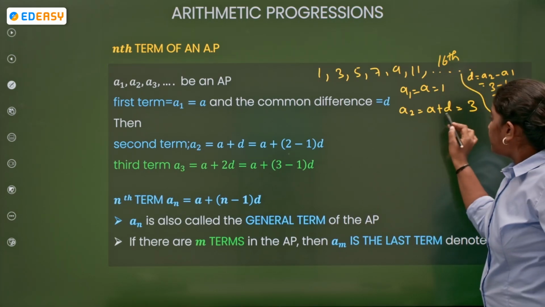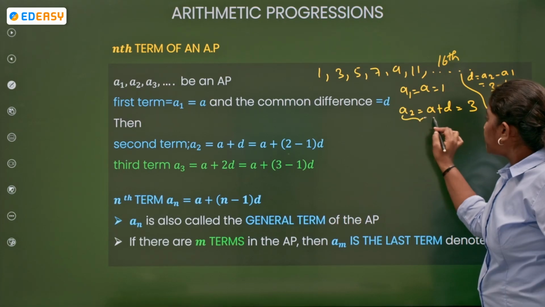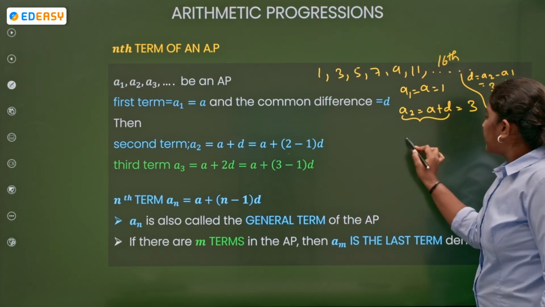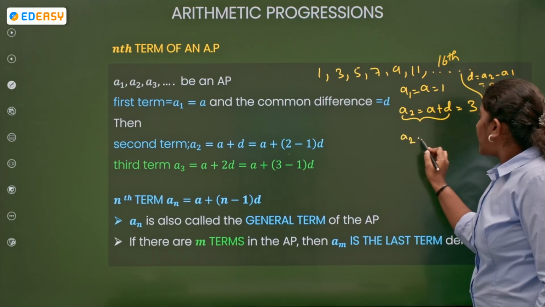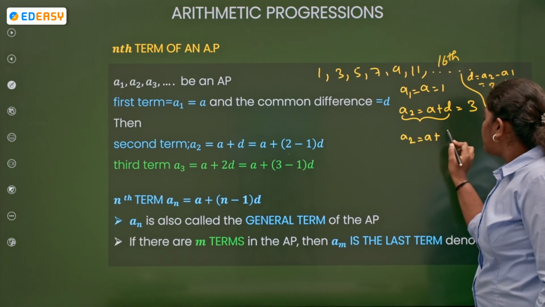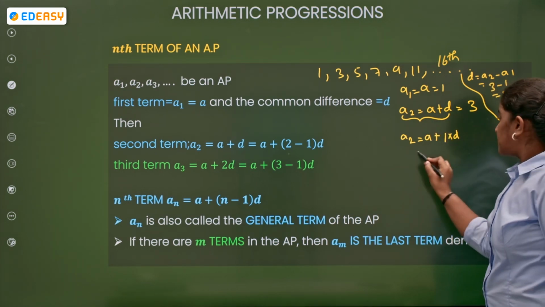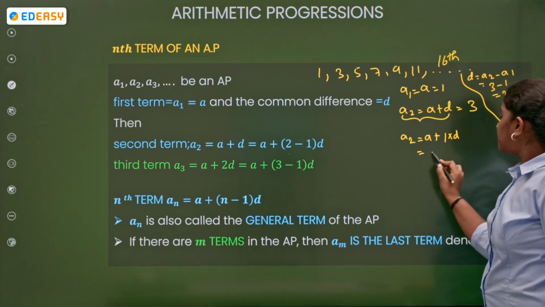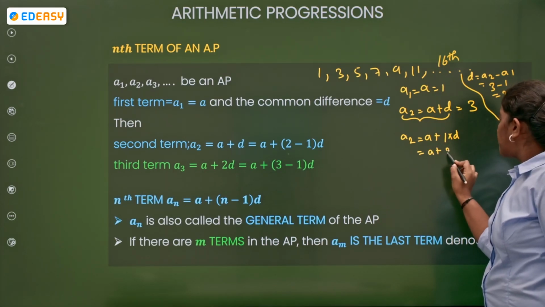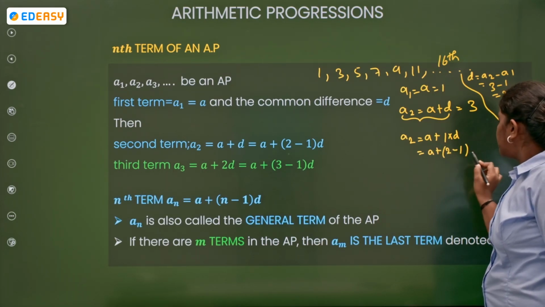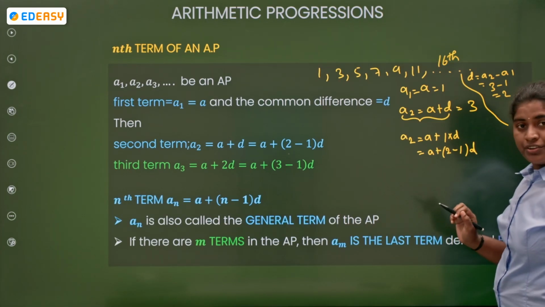Now, look at here everyone. What will be the relation between your A2 and A plus D? Can I write my A2 as A plus 1 into D? Next, how can we write this one? A plus of 2 minus 1 into D. Understood everyone?